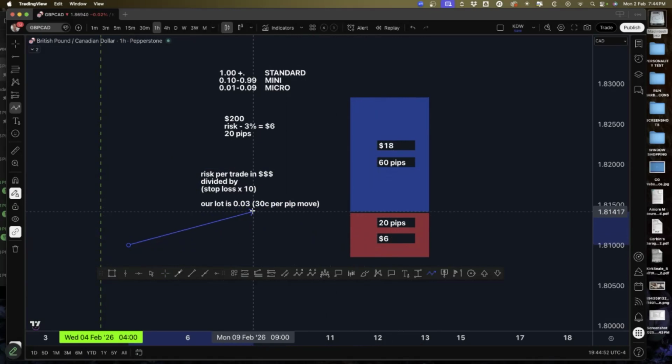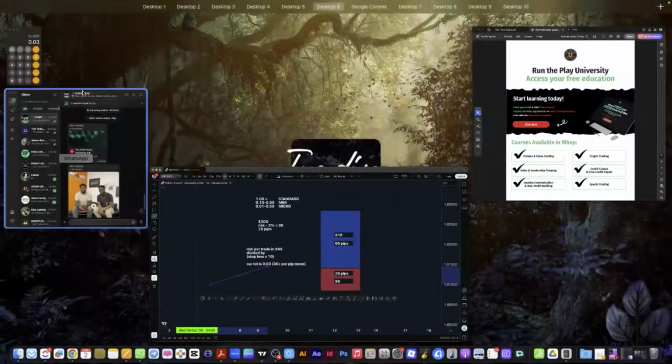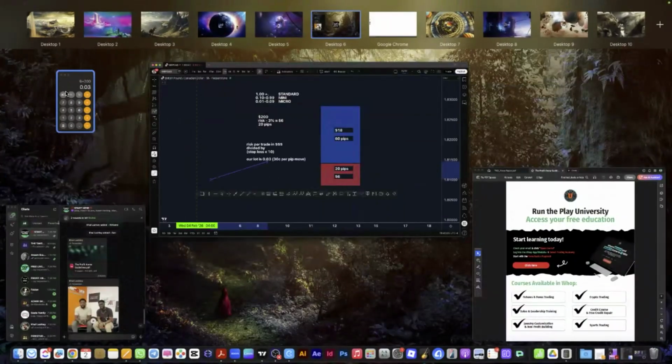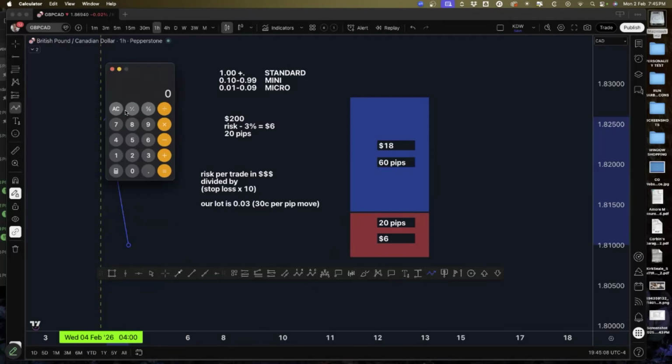Is anybody lost here? All right, let me bring back up my calculator while I'm waiting for your answers. But let's say we had 30 cents multiplied by 20, boom, $6.